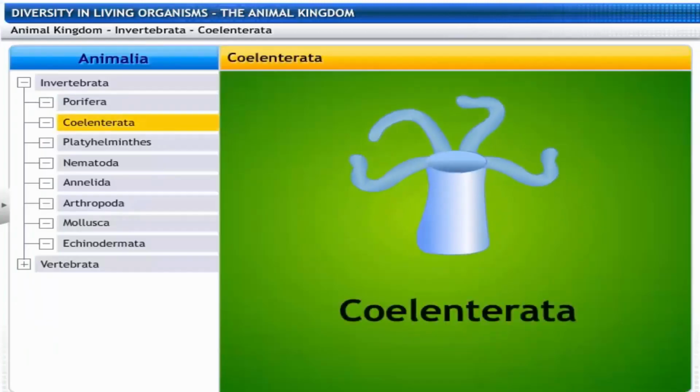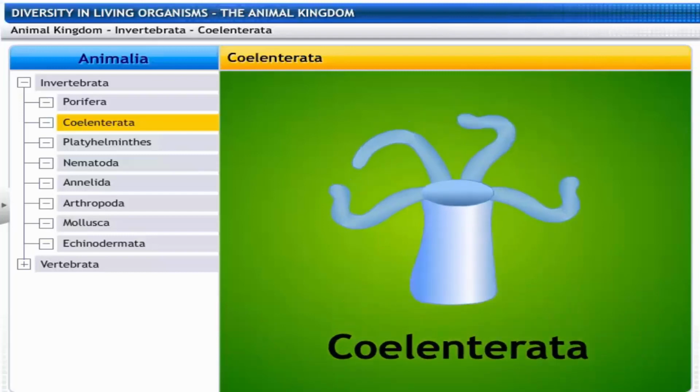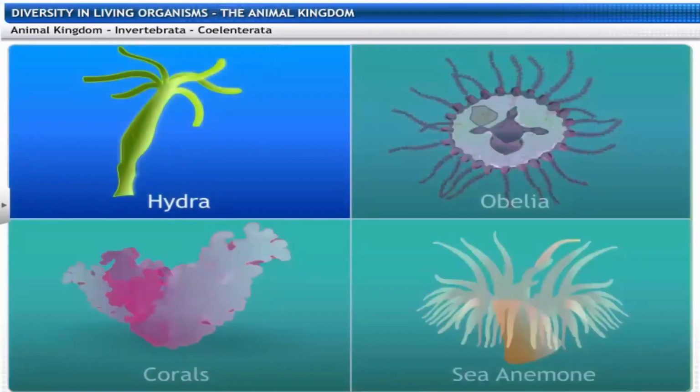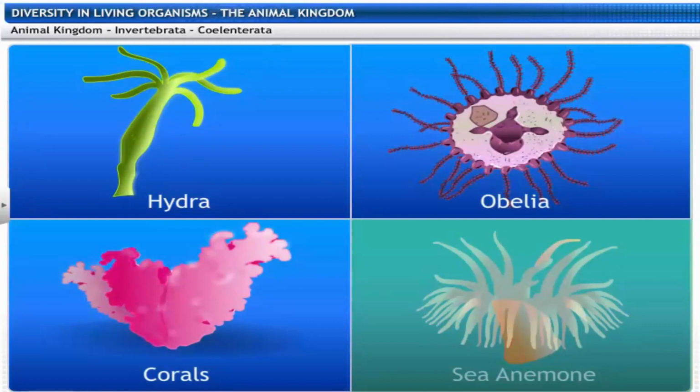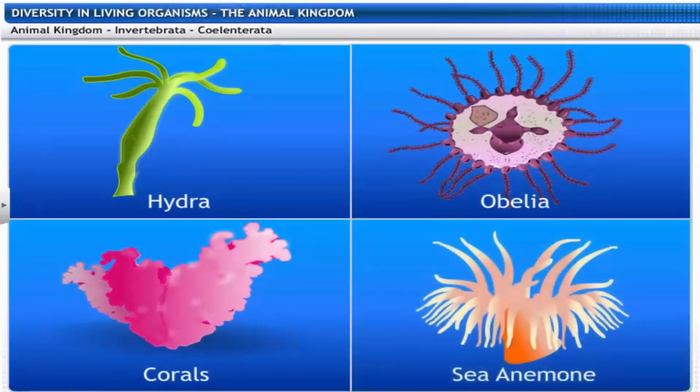Coelenterates get their name from two Greek words, koilos meaning hollow and enteron meaning intestine. The phylum Coelenterata includes hydra, obelia, corals, and sea anemone.